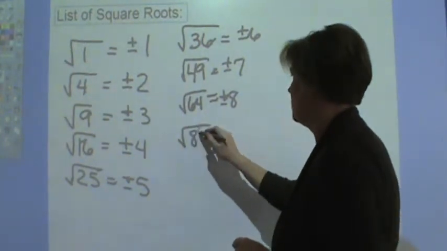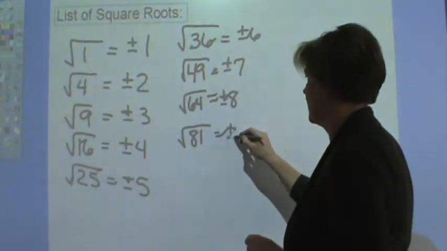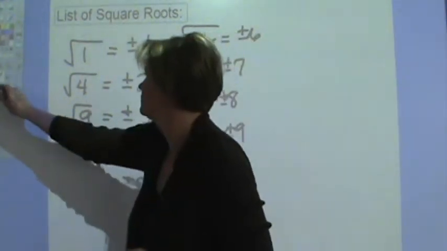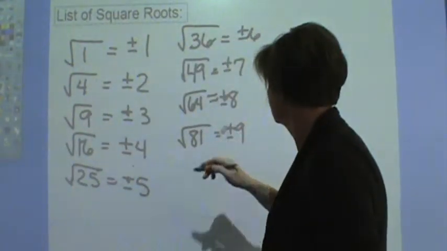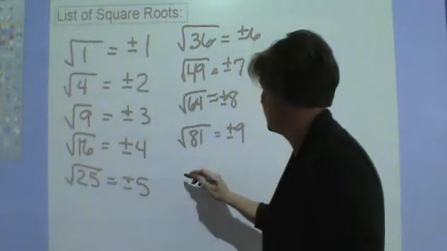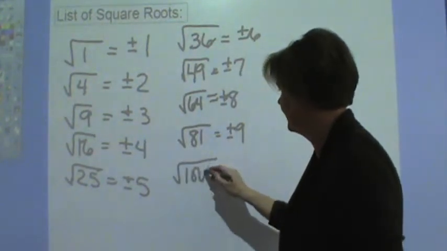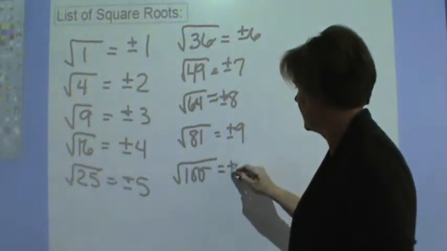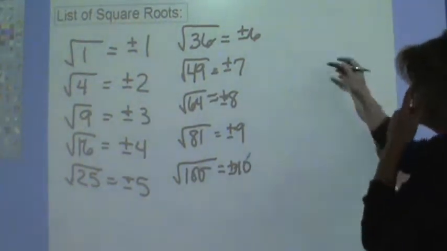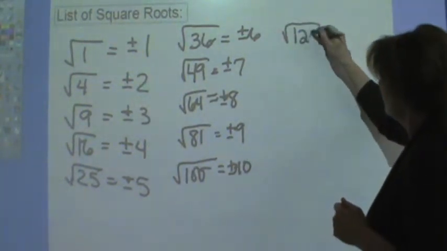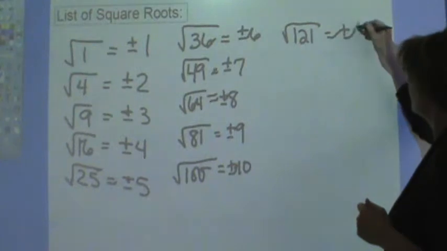Square root of 81, plus or minus 9. Square root of 100 is plus or minus 10. Square root of 121 is plus or minus 11.